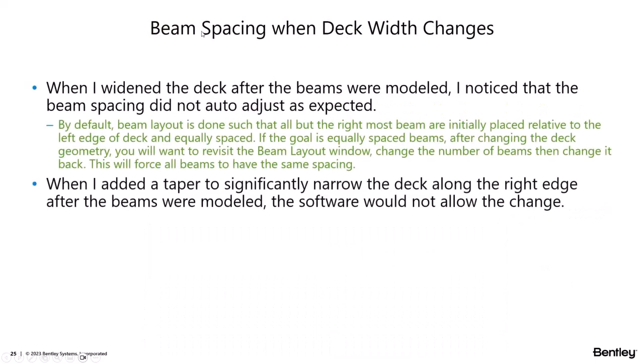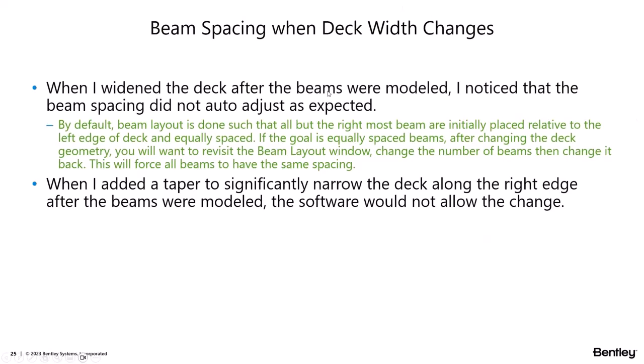All right, beam spacing when the deck width changes. So what are we talking about here? Let's say you've modeled the deck, you did the beam layout, maybe even placed some beams, and then somebody comes back and says, "Oh, you know what? Instead of 40 foot wide, we need the deck 44 foot wide or 48 feet wide or something else." So you go in and you change the variables for your deck width, or you change your point controls to adjust it, and then all of a sudden all the beams move when you do that.